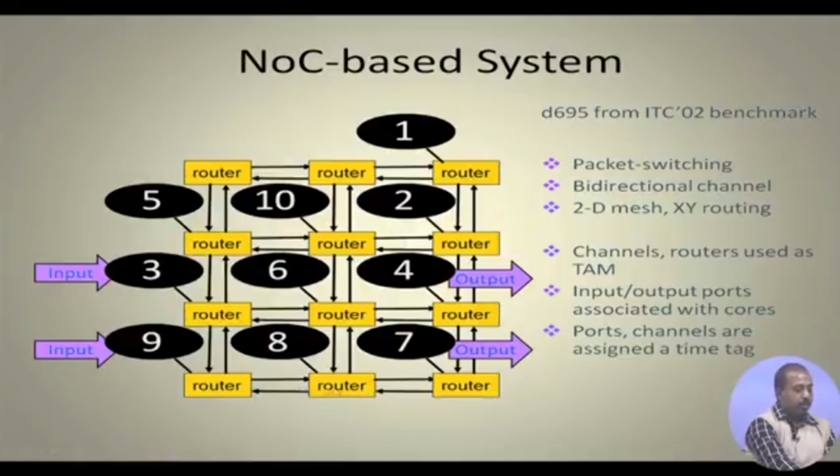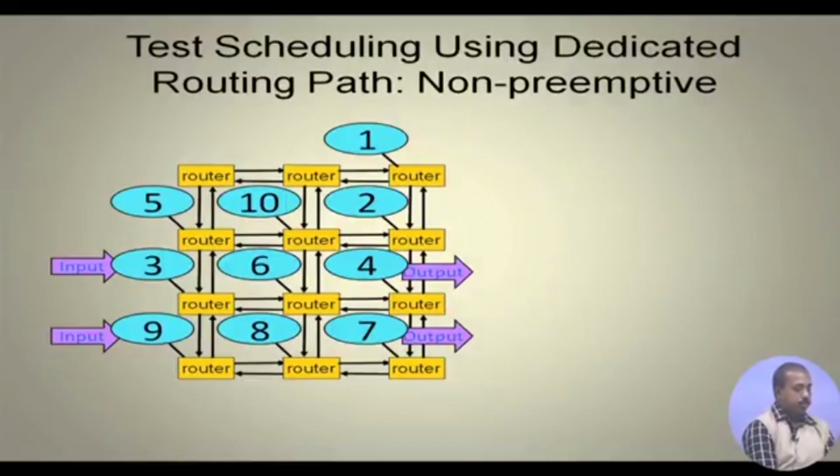It will come to this router, and be delivered to core 8, and from core 8 the response will again be loaded into this router, and that will be destined to core 7 via this router, and that will connect to the output of the ATE. This way two test sessions can go on parallelly.